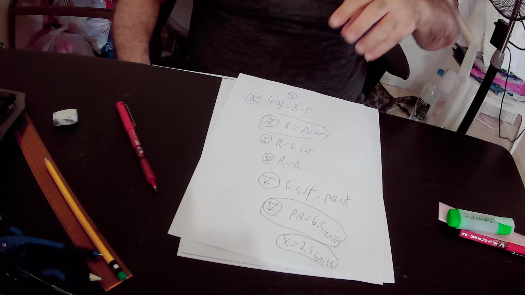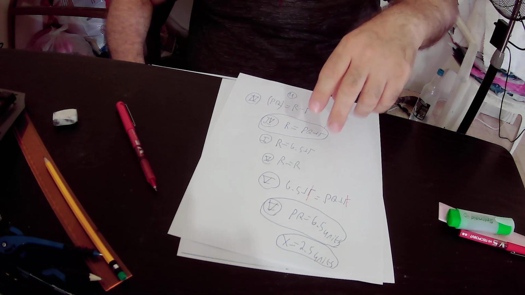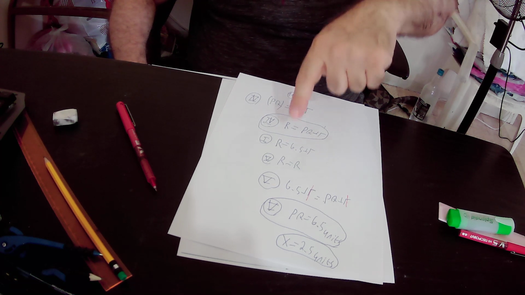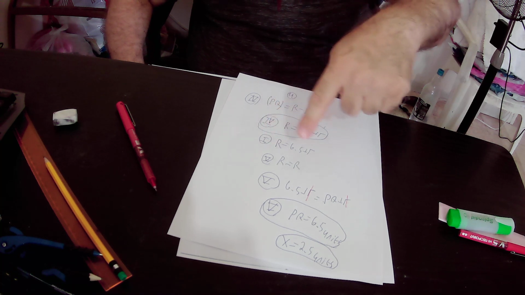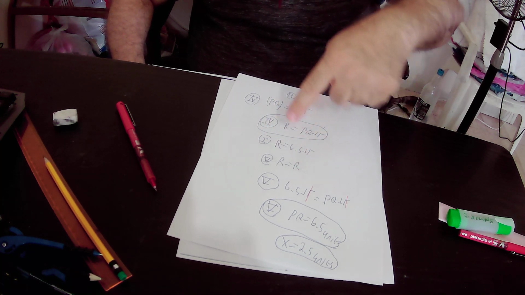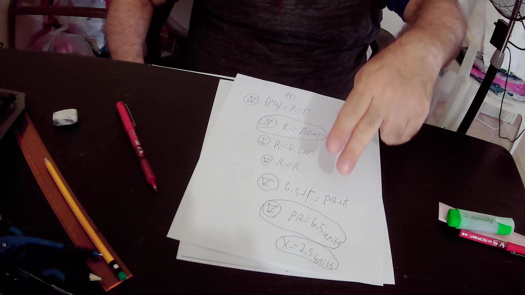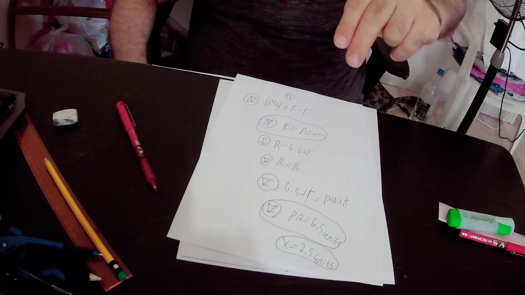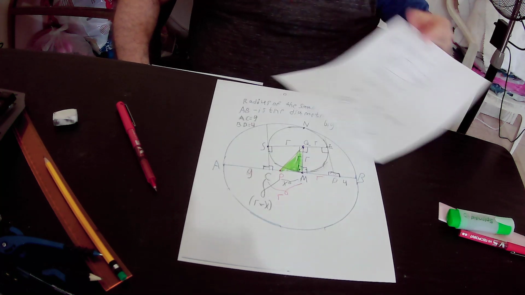So here we got equation number 5 that states that capital R equals capital R, and we substituted this capital R by equation number 1, and we substituted this capital R by equation number 4. And we got the value of PQ. PQ equals 6.5 units, and we have already found out that X equals 2.5 units.